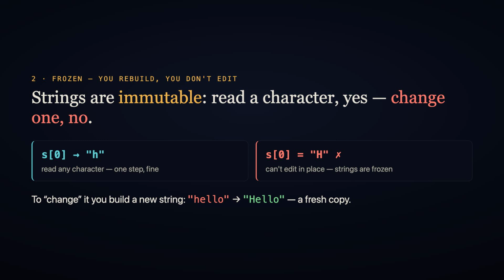You don't. You build a brand new one. Want hello with a capital H? You make a whole new string, Hello, from scratch. Reading is free. Changing always means rebuilding. Hold on to that. It's the reason for the trap coming next.